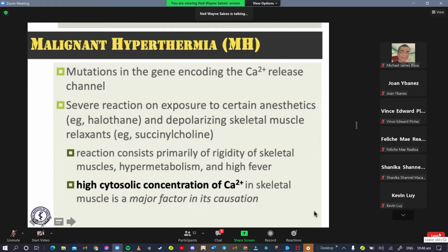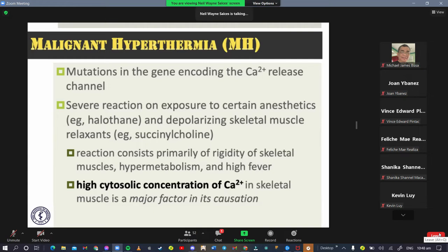So the appropriate treatment for malignant hyperthermia that is brought about by your anesthetics or your depolarizing skeletal muscle relaxant is to stop the anesthetic and administer your drug, dantrolene, which will be given intravenously.